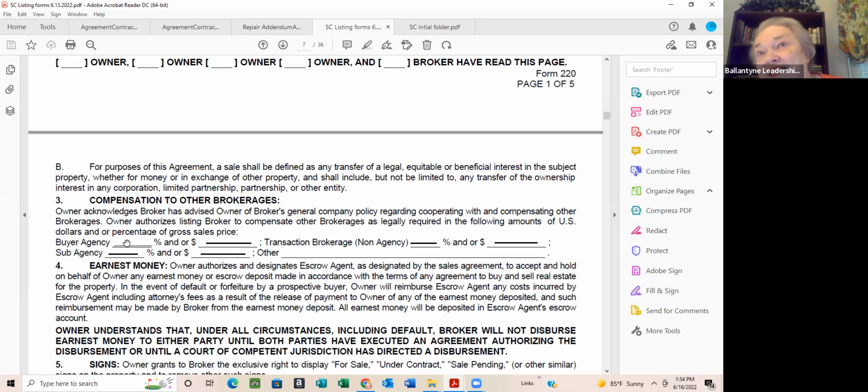And one of the things that the National Association of Realtors is working on, because the Department of Justice has taken them to court over it, is that buyers' agents now may have to get some of their compensation from the buyers.